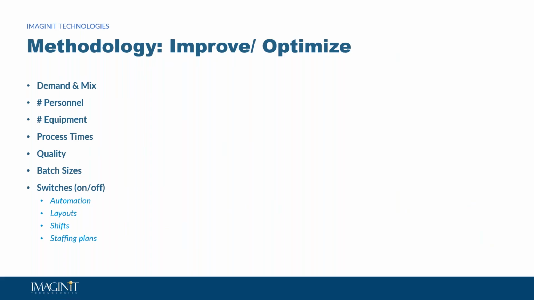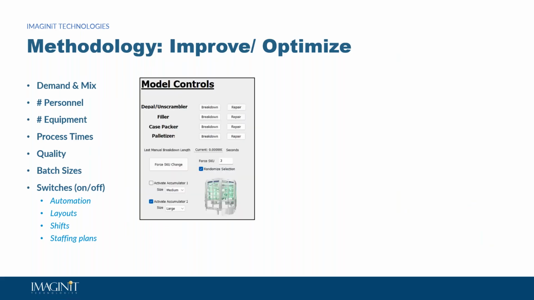But then we may also put switches in there. So we may be evaluating automation or different machines to understand the impact. We can put switches in and say, for this scenario, we want to turn them on, or for another scenario, we may turn them off. And the idea is you want to understand what impact these changes will have.